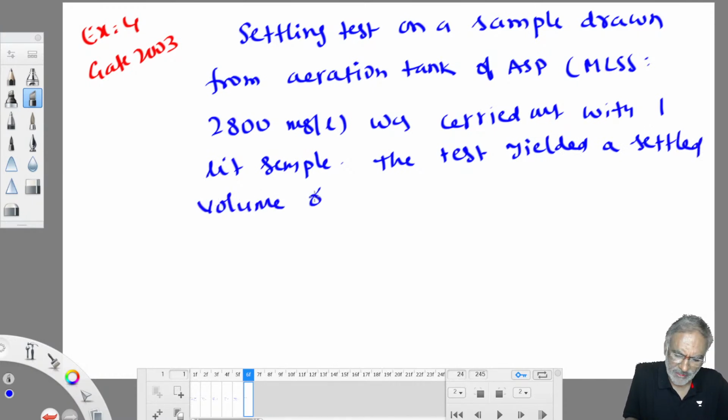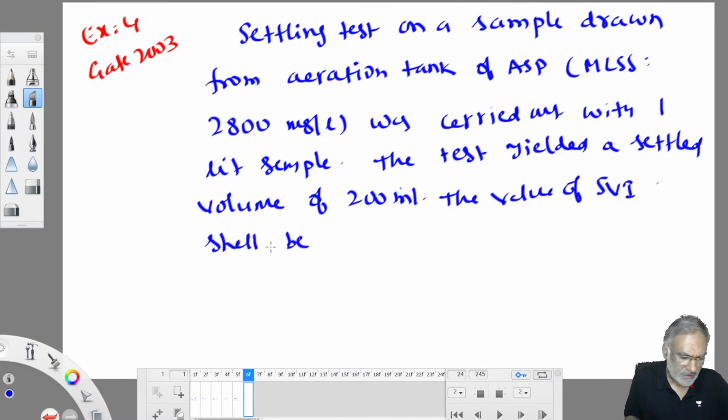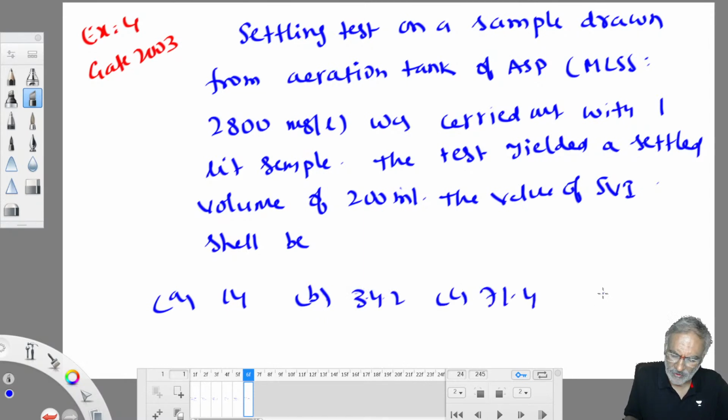Space occupied by the solids, 200 ml. The value of sludge volume index shall be, he has given options: A 14, B 7, 34.2, C 71.4, D 271. So 4 options are given.